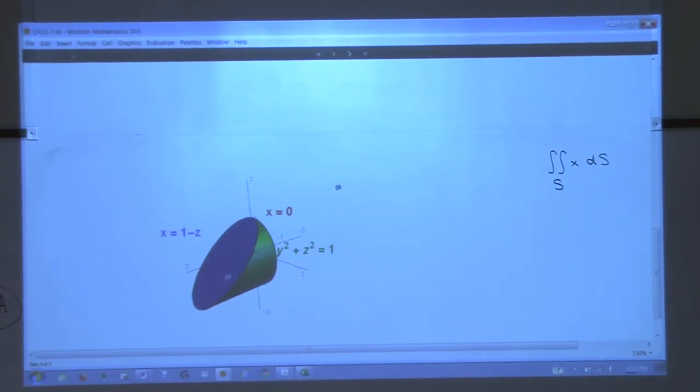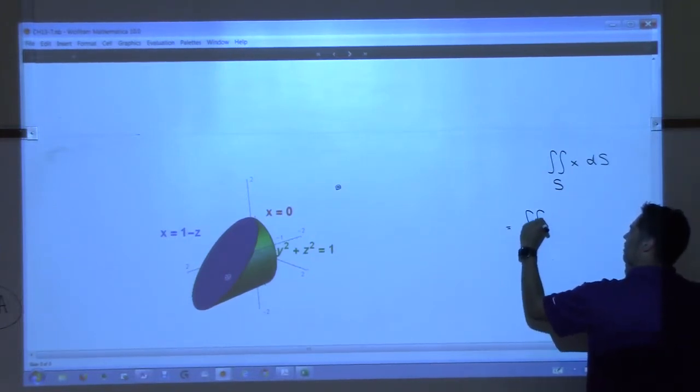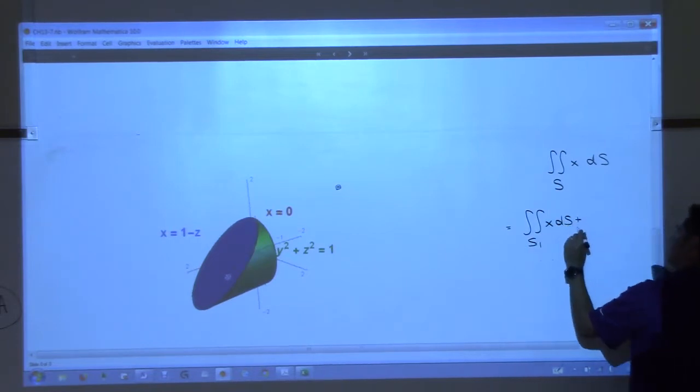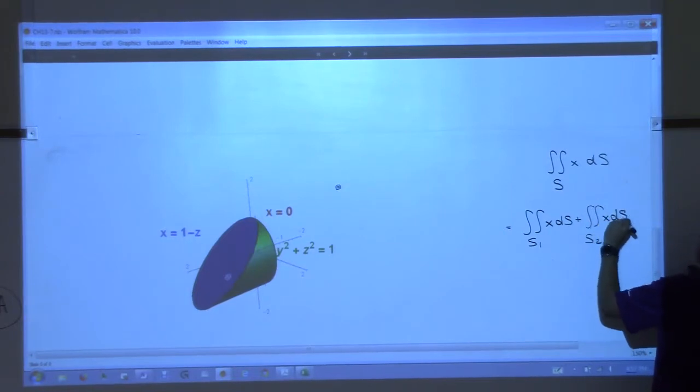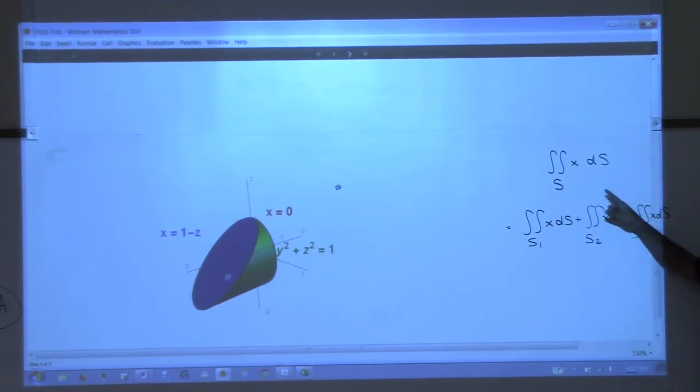So to do this, I'm going to have to rewrite this as the surface integral over S1 of x dS plus the surface integral over S2 of x dS plus the surface integral over S3 of x dS. So I'm going to break up S into 3 separate surfaces and then add them all together.